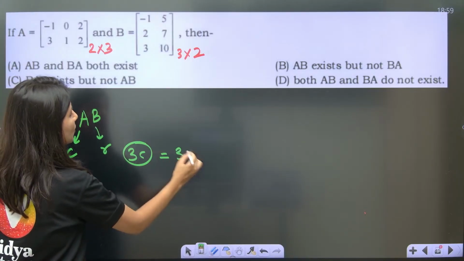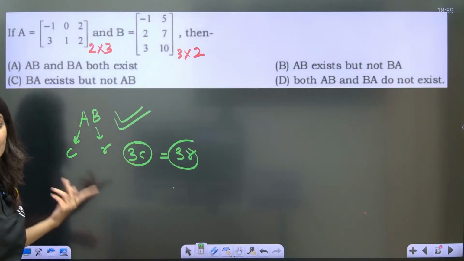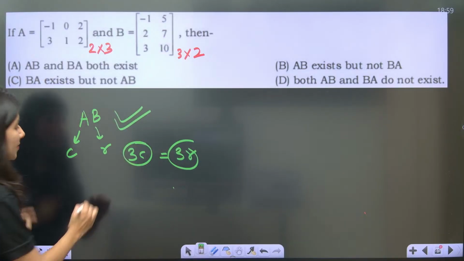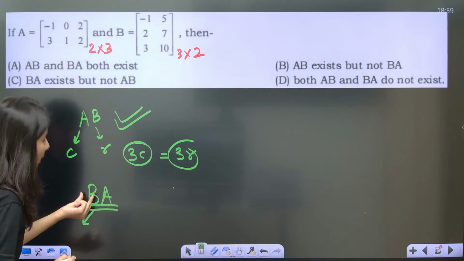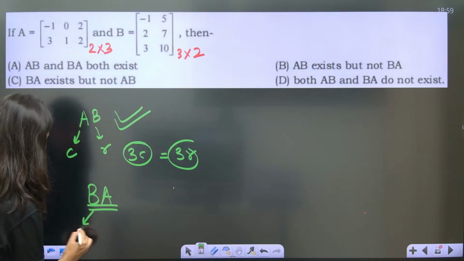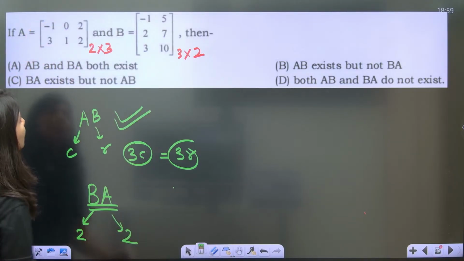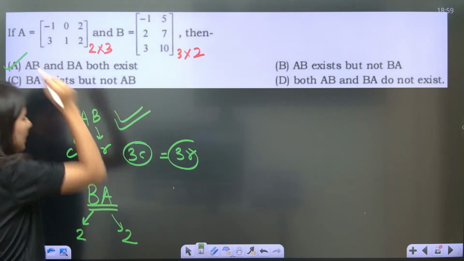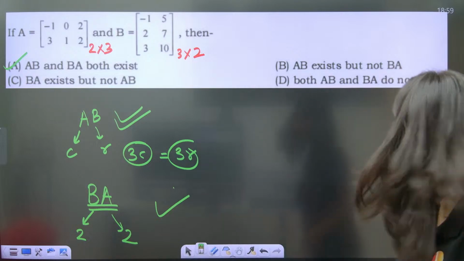So 3 rows of the second matrix. Yes, AB is possible. But just tell me, is BA possible or not? BA means the number of columns of B is 2 and the number of rows of this is also 2. Oops. AB and BA both exist. This is also existing, my dear students.